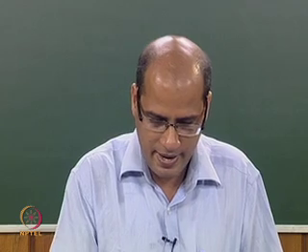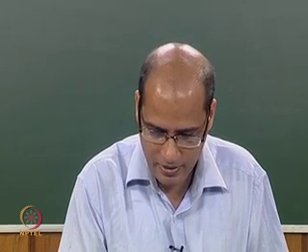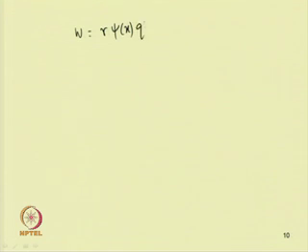So, one can write W equal to R psi x into q t, where R is the scaling factor, psi is the shape function and q t is the time modulation.